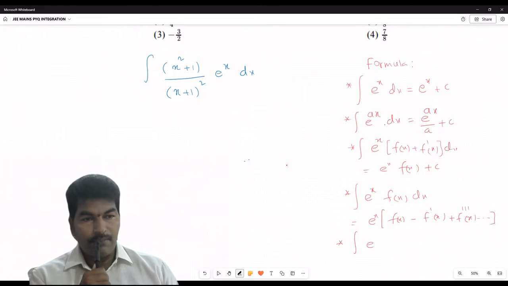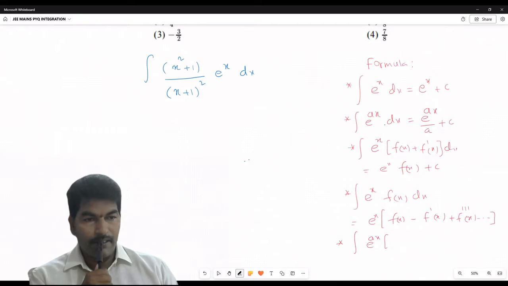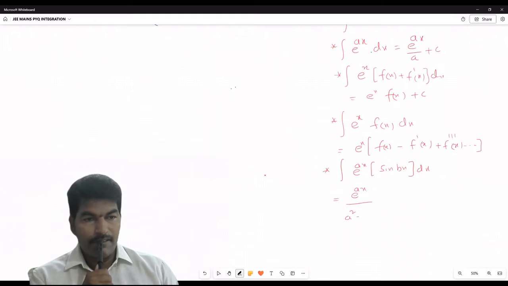And with e power combination, you can also see e power ax of sine bx. In this case, the answer is e power ax by (a square plus b square) of (a sine bx minus b cos bx).